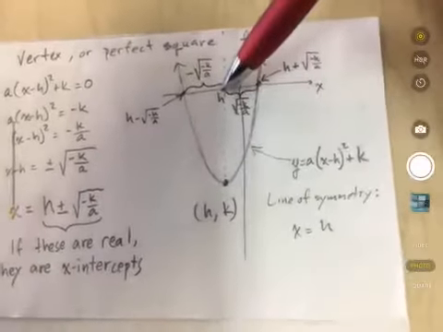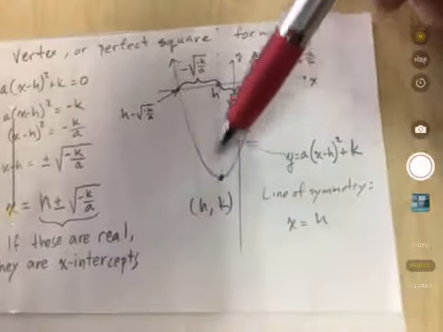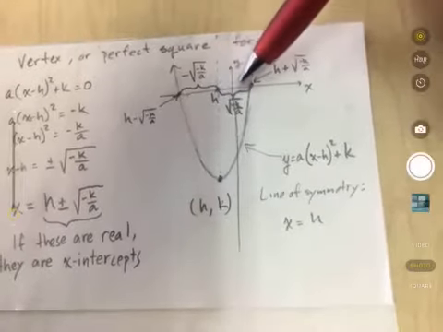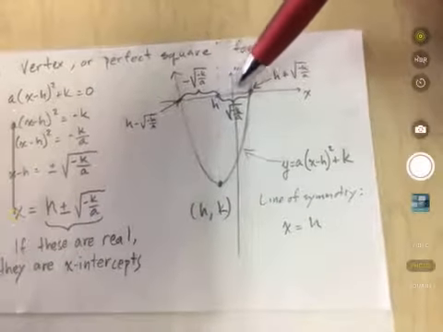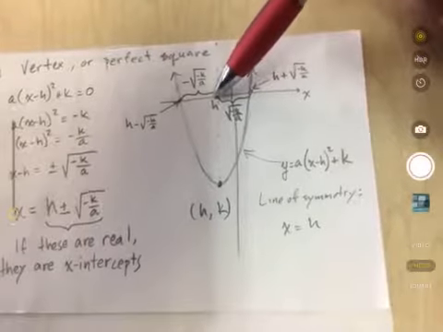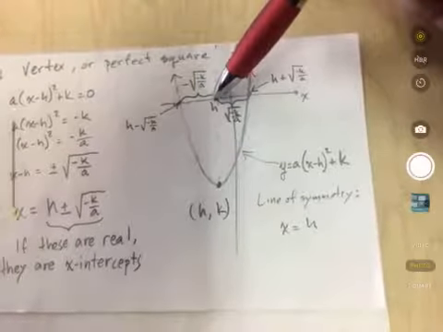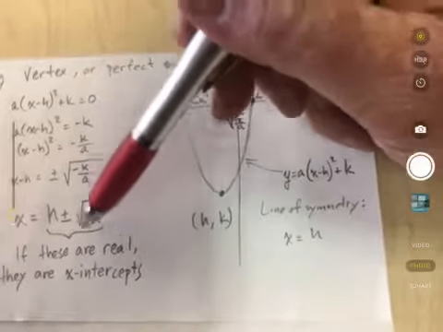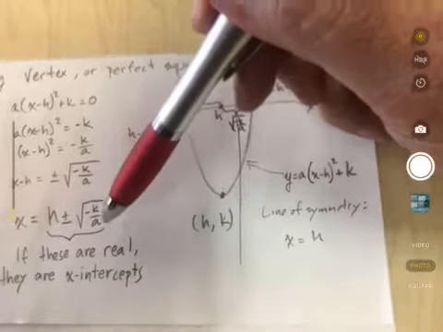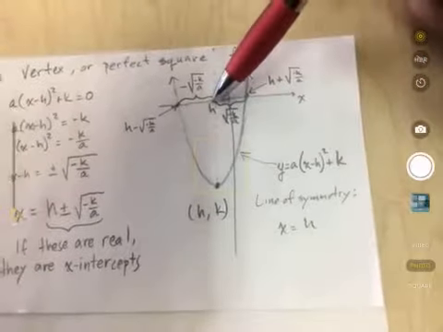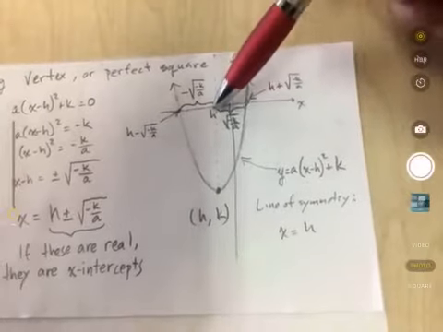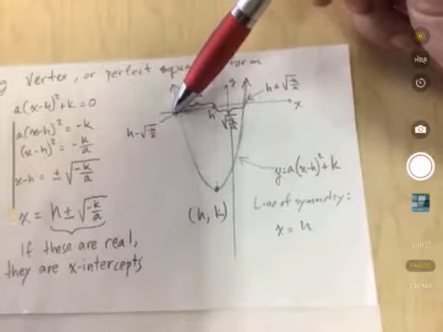And so on the x-axis, there's h, directly above the vertex of the parabola. The x-intercepts are equidistant away from this point. And how far are they? Well, they're this far: this plus or minus the square root of negative k over a. If I add that to h, I get this x-intercept, and if I subtract it, I get the other x-intercept.